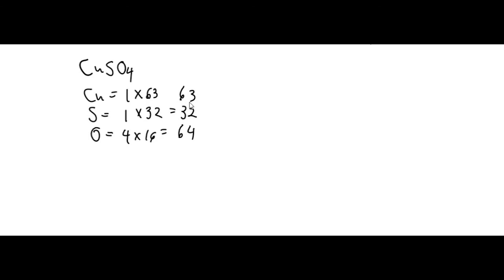Now let's add them all. So 63 plus 32 plus 64, that's 159 grams per mole. And then we want to find the percentage of each. So let's divide by 159.